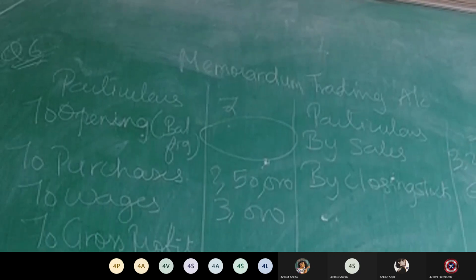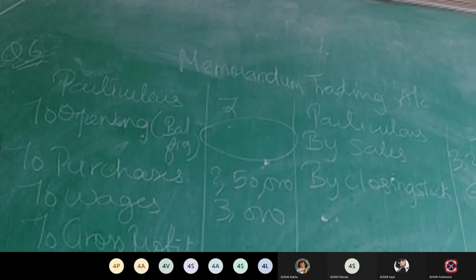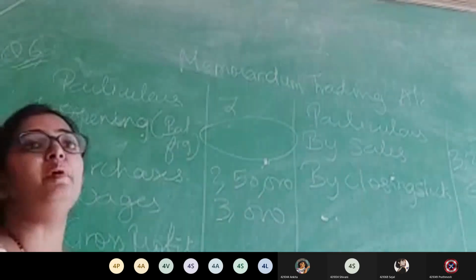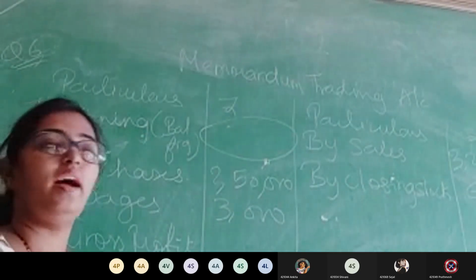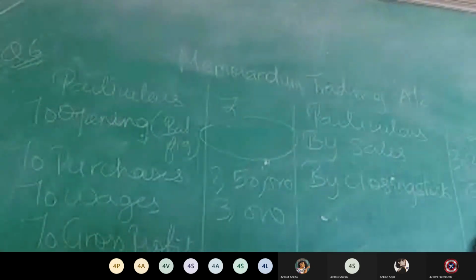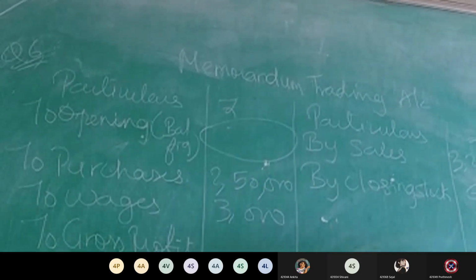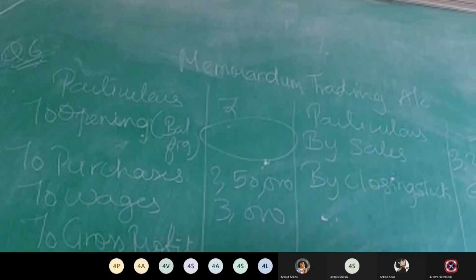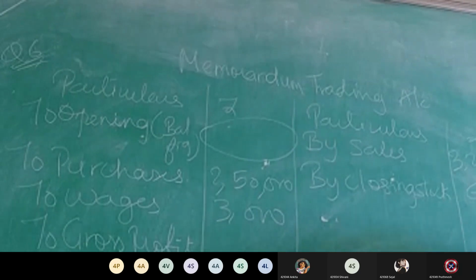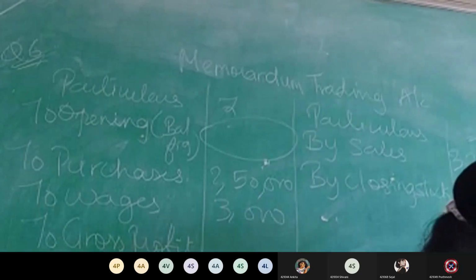I have made a working note as well. It is given below. For online students, the working note is in the second slide. You can see it, right? See, here it is written: let the cost be 100. So 100 plus 25 is equal to 125. I don't know the cost, so let the cost be 100. 100 plus 25.